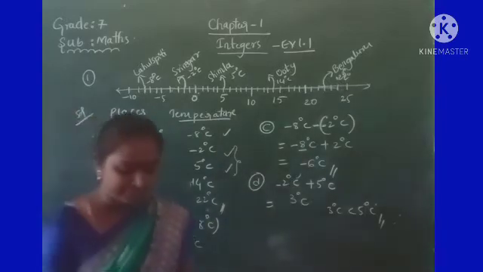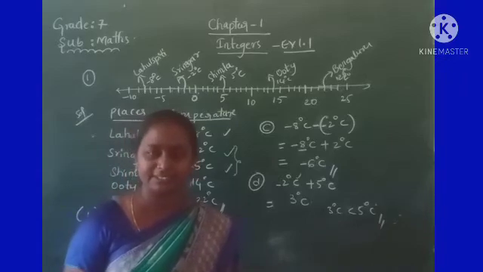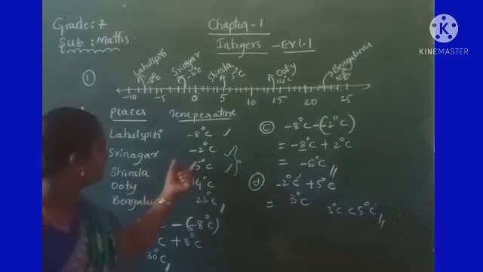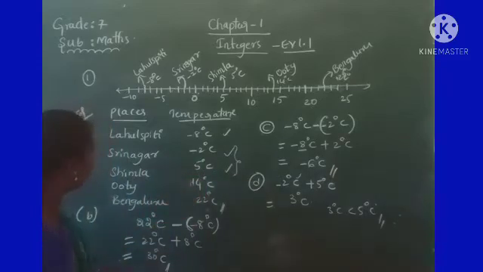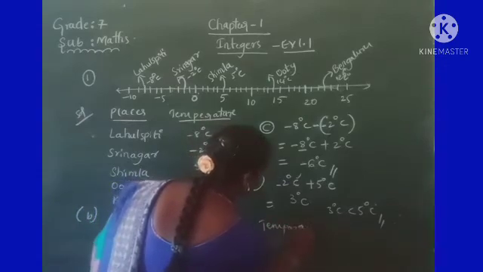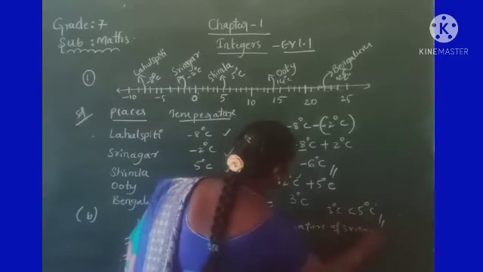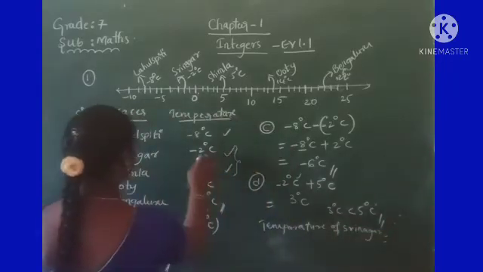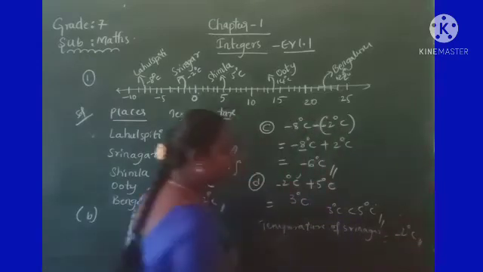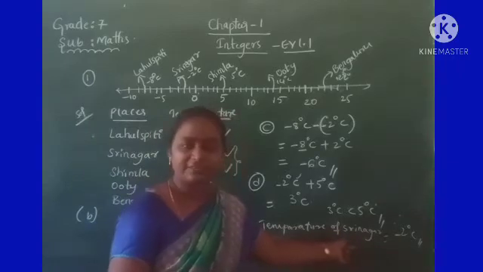And the continuation is, is it also less than the temperature at Srinagar? So this temperature is less than Srinagar. So we know the temperature of Srinagar. What is the temperature of Srinagar? The temperature of Srinagar is minus 2 degrees Celsius. So tell me, is it less than the temperature of Srinagar?